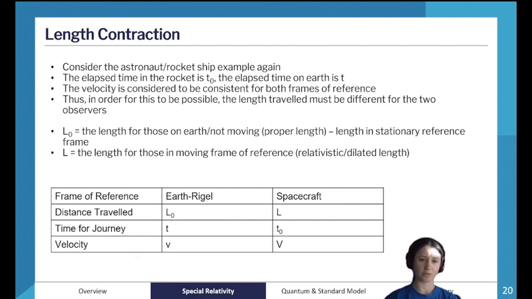Thus, in order for this to be possible, the length traveled must be different for the two observers. So we have L naught, which is the proper length, the length of those on Earth not moving in the stationary reference frame, and L, which is the length for those in the moving frame of reference.